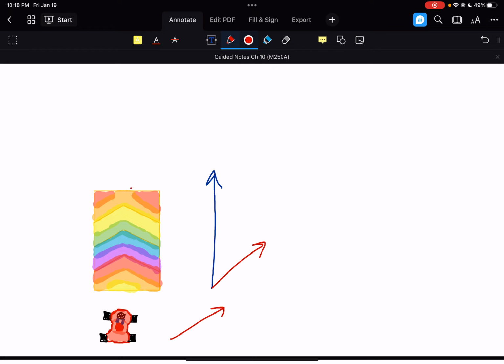You're not going to get as big of a speed boost as if you hit it going straight on, right? If you just cut across it like this, you're still going to get a speed boost, right? Because you are going relatively the same direction here. You've got a fairly small angle between them, but it's not going to be as big of a speed boost as if you were going directly in that same direction.